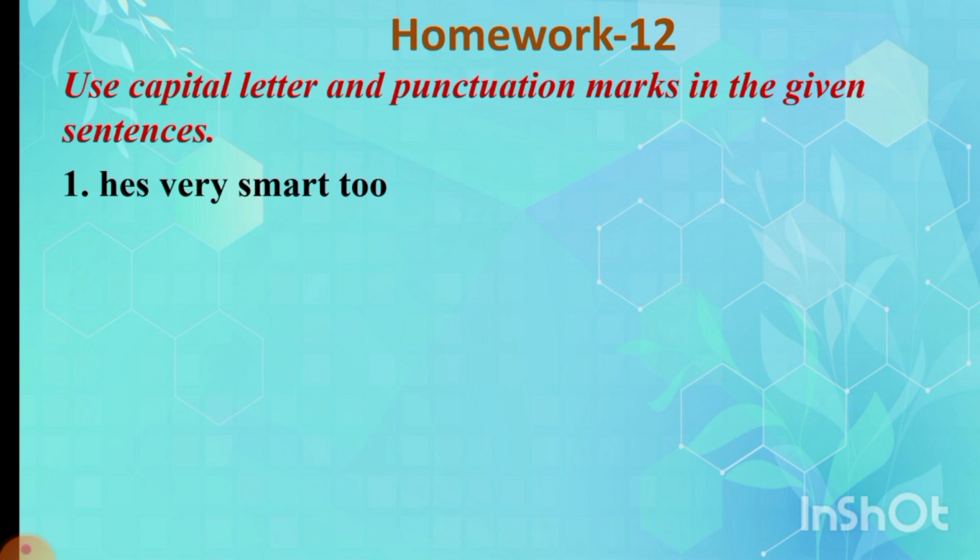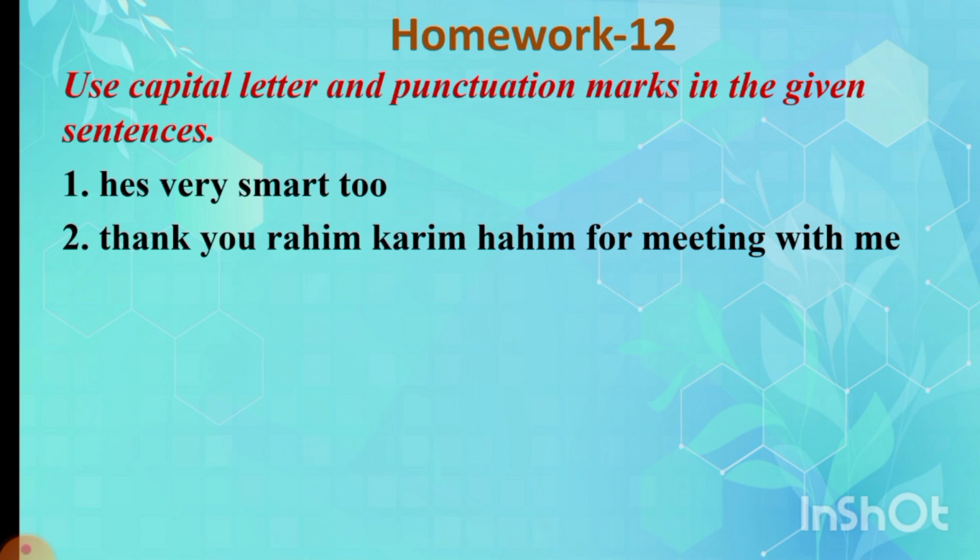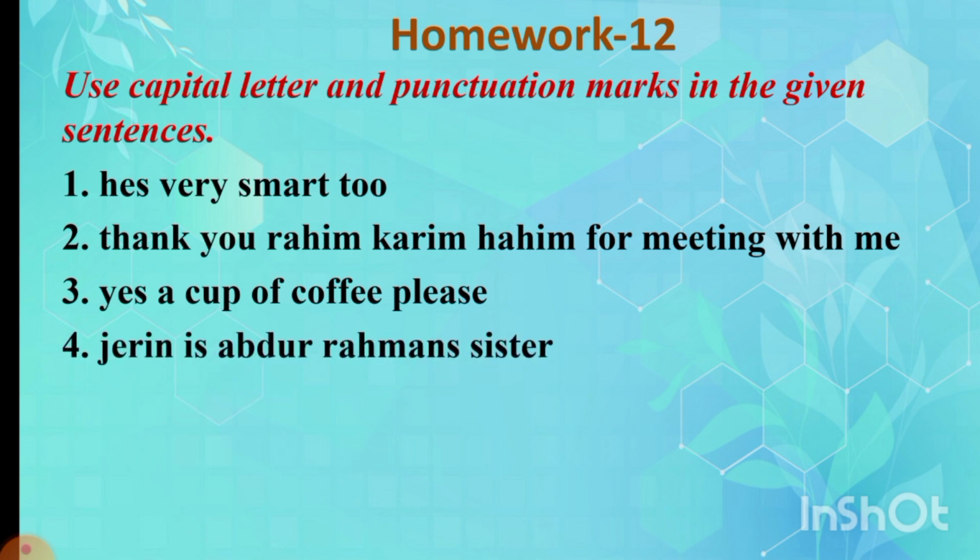Number 1. He is very smart too. Then number 2. Thank you, Rohim, Korim, Hakim, for meeting with me. Number 3. Yes, a cup of coffee, please. Number 4. Zerin is Abdur Rahman's sister.